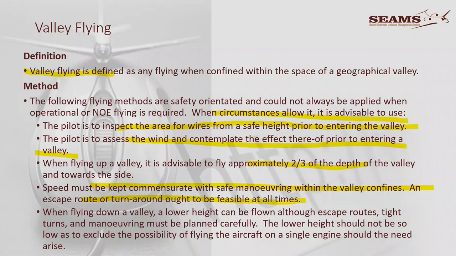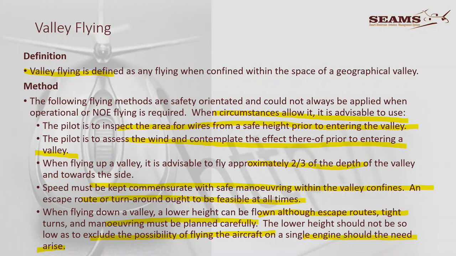When flying down a valley, lower height can be flown, although the escape routes, tight turns and maneuvering must be planned carefully. The lower height should not be as low as to exclude the possibility of flying the aircraft on a single engine should the need arise.